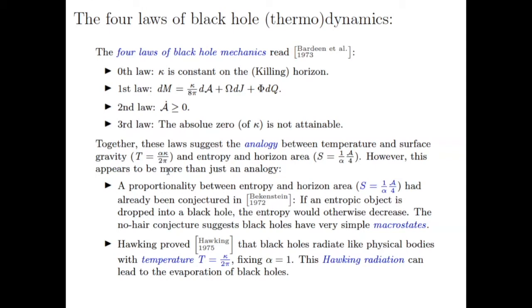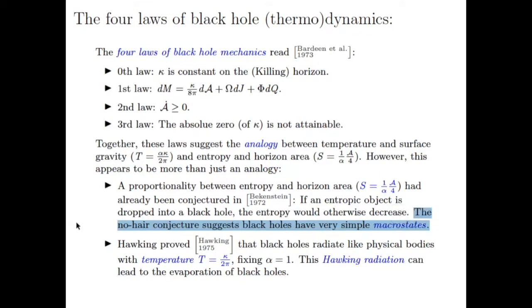Those two results are the following. First of all, a proportionality between a genuine entropy and the horizon area had already been conjectured by Bekenstein in thought experiments. Essentially, what he considered is the idea that you throw a very entropic object into a black hole. It would seem that the entropy of the universe decreases. The reason for that is that the no-hair conjecture suggests that all of these black holes are very simple.